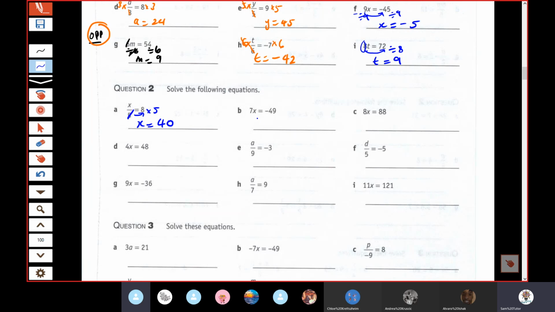Here we have Gracia, 7x equals -49. How do I get rid of the 7? Maya, how do I get rid of the 7? Matthew, how would you get rid of the 7?